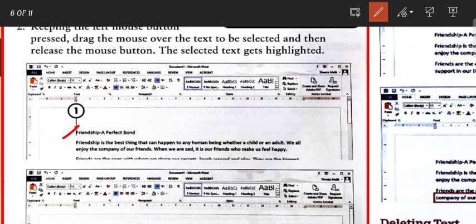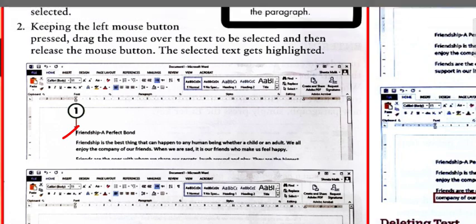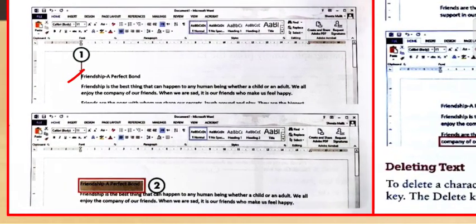So place the cursor before the text to be selected, then keep the left mouse button pressed and drag the mouse over the text to be selected, and then release the button. The selected text gets highlighted. Here we can see the selected text is highlighted.